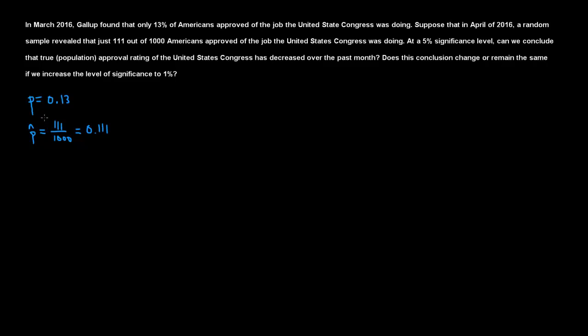What do we need to do first? You remember with confidence intervals and the last few chapters, when we have dealt with proportions, sample proportions, and population proportions, before we could use the z-table, before we could even get started, we needed to check two things. We needed to make sure our sample size was large enough so that we could use the standard normal distribution, the z-table.